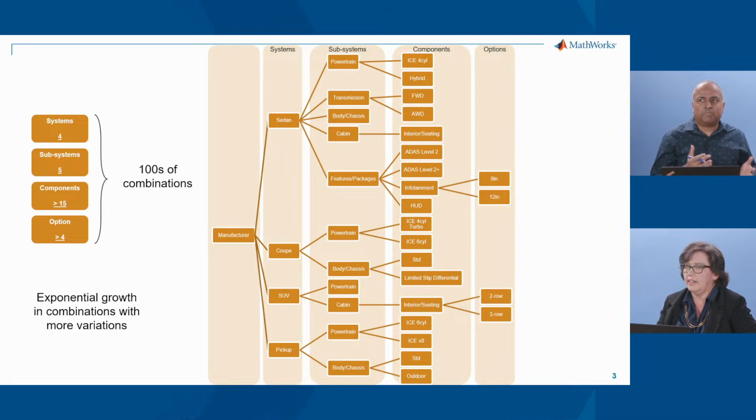There's powertrain, transmission, body, chassis, cabin, and then features and packages. If you see the boxes on the left, there are 4 systems, 5 subsystems, and on the third vertical, more than 15 components, and then the options just explode. You multiply all of them, you have hundreds of combinations.